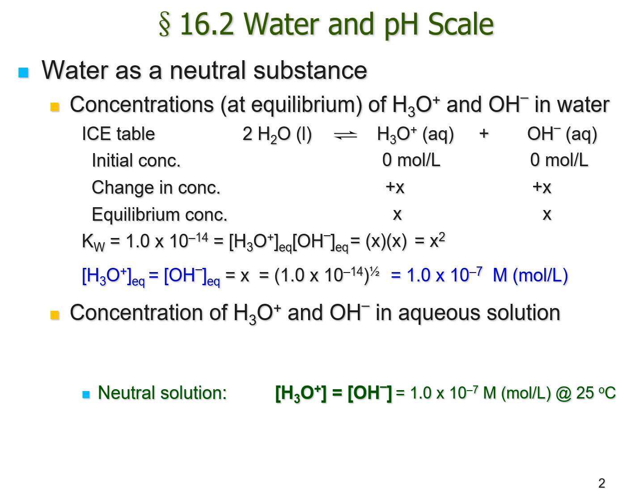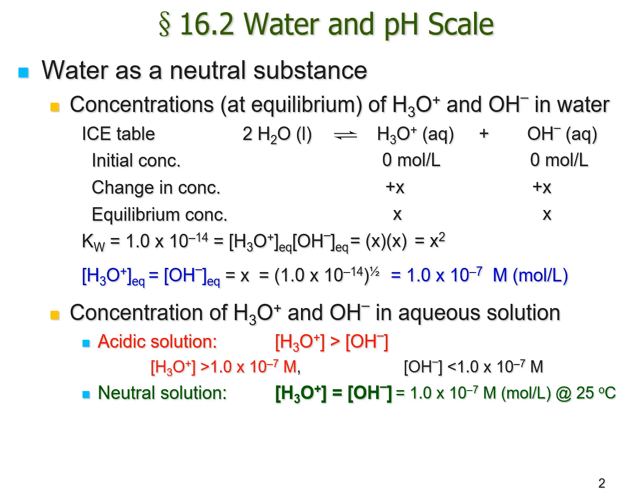All right, once we understand all of that, for an acidic solution, it is hydronium that dominates. So the concentration of hydronium must be greater than that of OH minus. If we apply the value, hydronium concentration must be greater than 1.0 times 10 to the negative 7th. Of course, that's at 25 degrees Celsius.